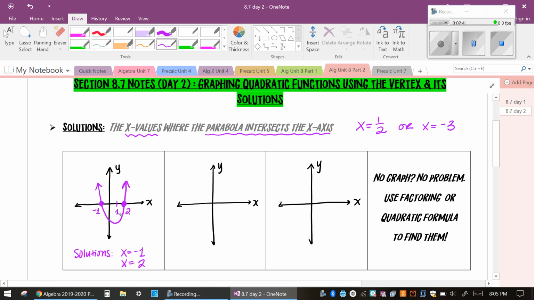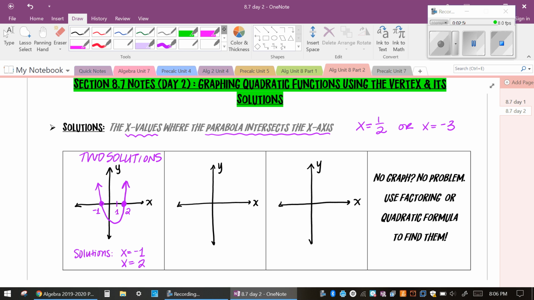So if your parabola intersects or touches the x-axis twice, it's going to have 2 solutions. So that's one thing that can happen when you graph a parabola. Another thing that can happen is that you might only have one solution.